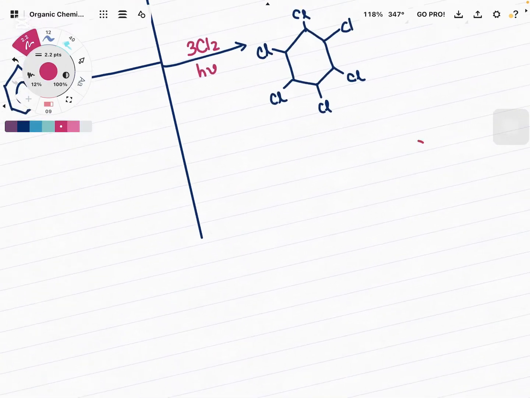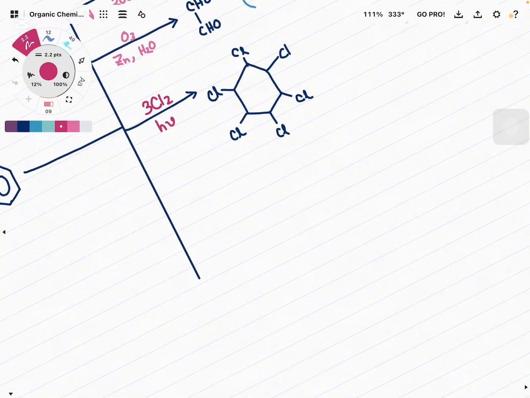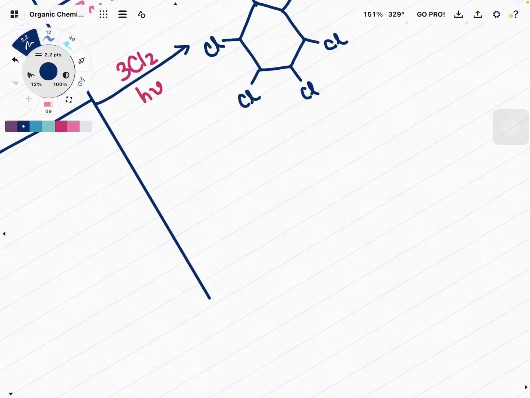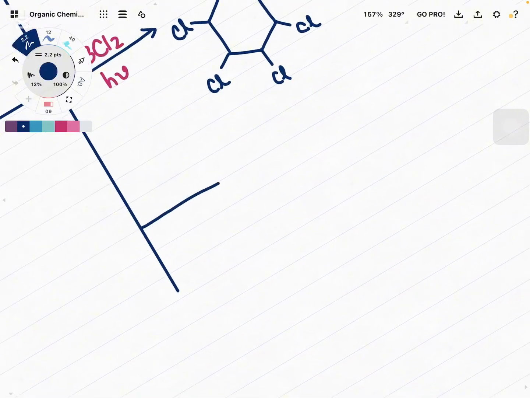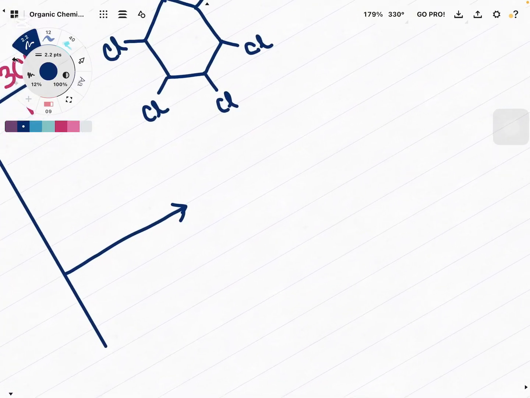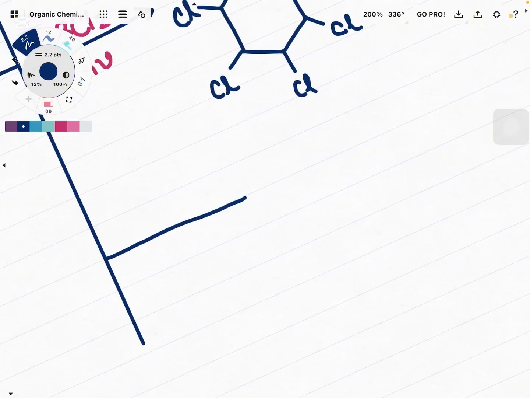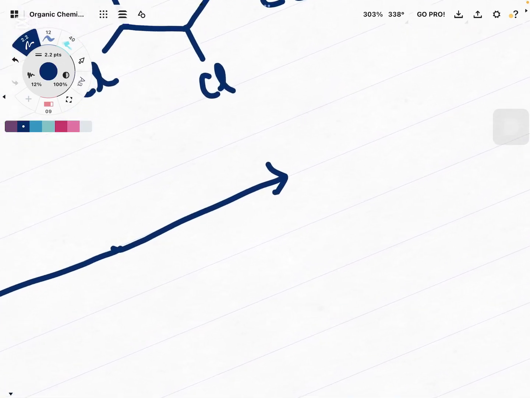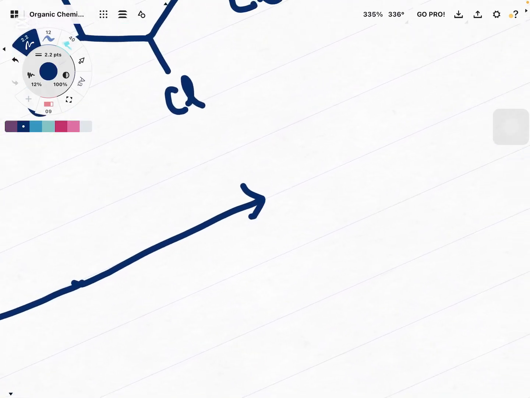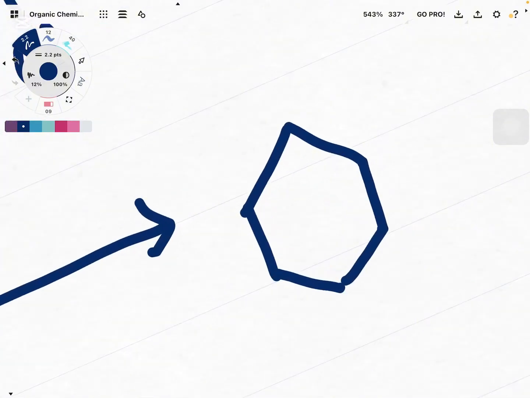So our fourth reaction is an important one, which is Friedel-Crafts alkylation. So put it in there. For our Friedel-Crafts alkylation process, it will be a bigger one. So here we will get toluene. So you might wonder what is the structure of toluene.